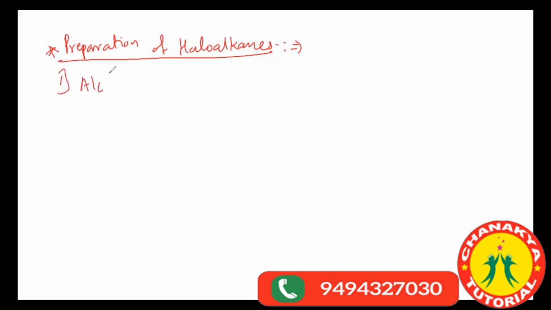By using alcohol, how are we supposed to prepare it? The hydroxyl group of an alcohol is replaced by a halogen on reaction with the concentrated hydrogen halide acid. So what are the hydrogen acids? HCl, HF, HBr, HI. Very good.